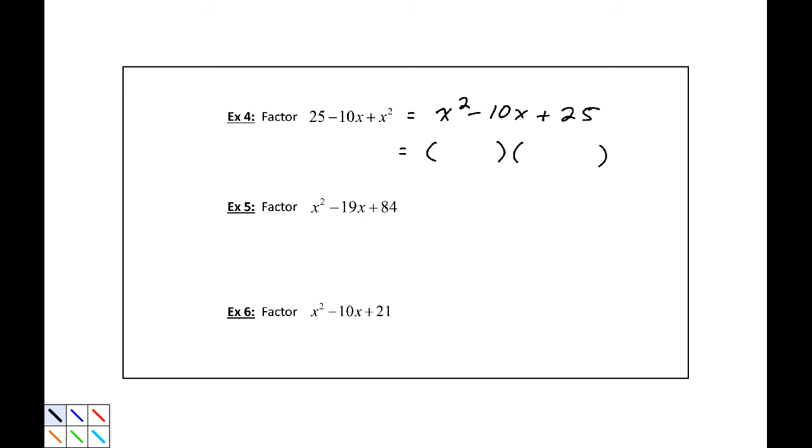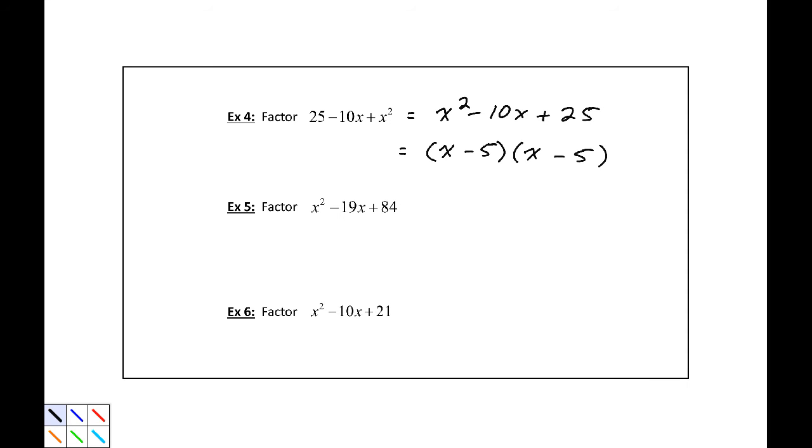And I know that my first terms need to be x, because x times x would be x squared. But what I now need to look for is numbers that multiply to be 25, my last number, but add to be my middle term, negative 10. Well, running down that list, it's not too long, I find that minus 5 and minus 5. So this factors as x minus 5 multiplied by x minus 5.